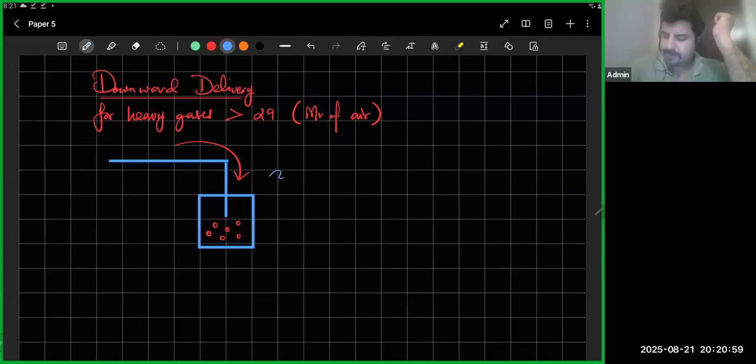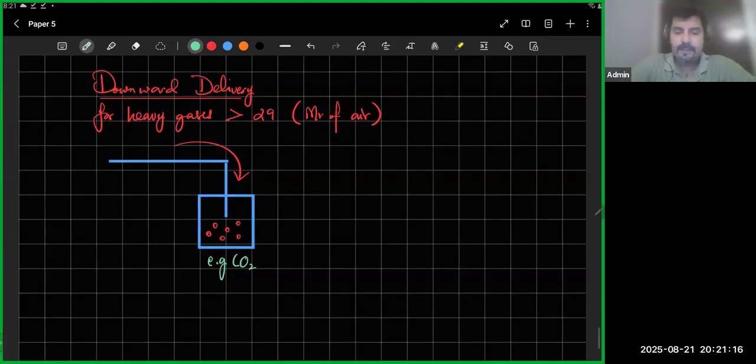And because it's a heavy gas, it will fill up the container, and it's not going to leave it because the air particles from the top would be pushing it down. The air would be lighter. These particles are heavier. So any gas that's heavy is going to be collected this way. For example, you've got carbon dioxide gas, which has an Mr of 44, and that's very heavy.